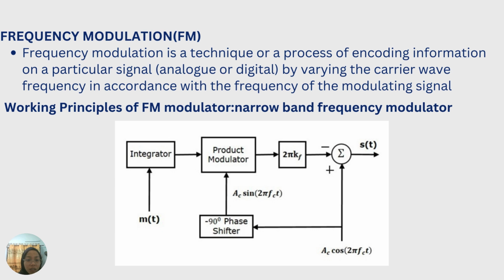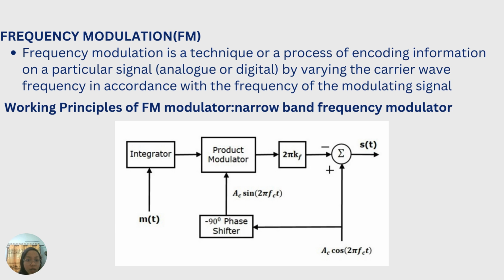For the modulator, we will use a narrow band frequency modulator. Here, the integrator is employed to integrate the modulating signal. The carrier signal is phase shifted by negative 90 degree using the negative 90 degree phase shifter.